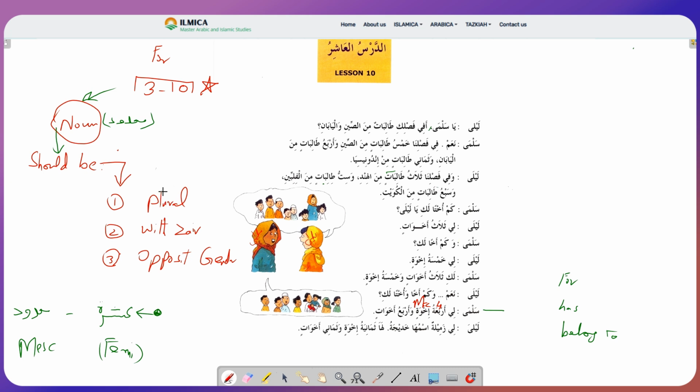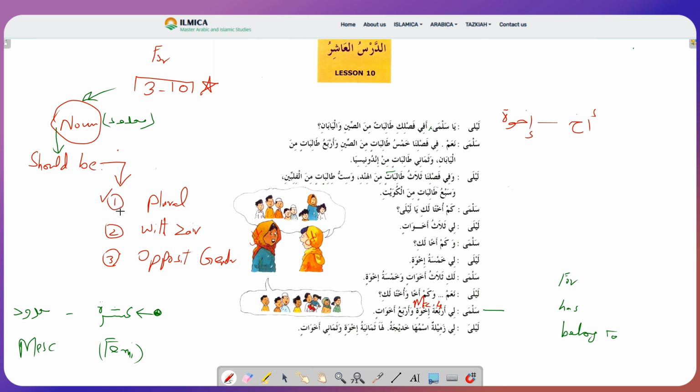See, we have three checks. The madud should be plural, and ikhwa is plural. Its singular is akhun, one brother, and its plural is ikhwa. So the first condition is met.